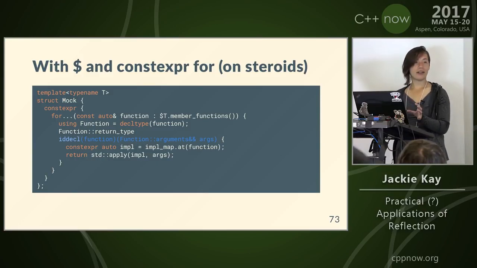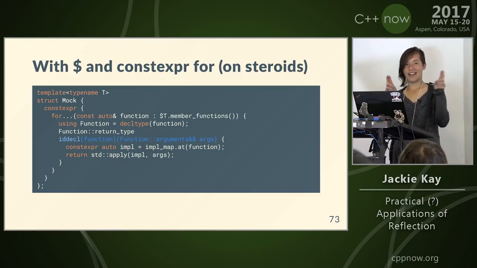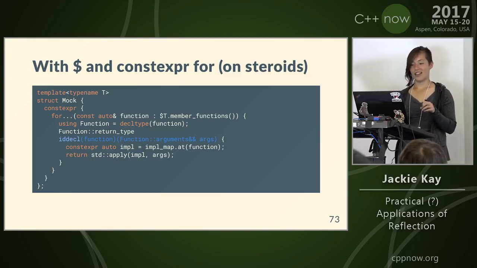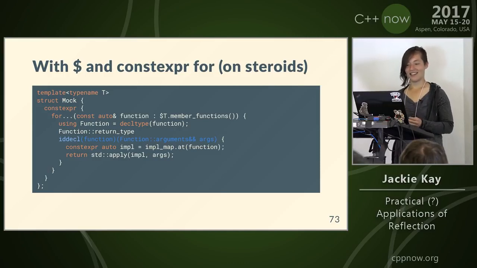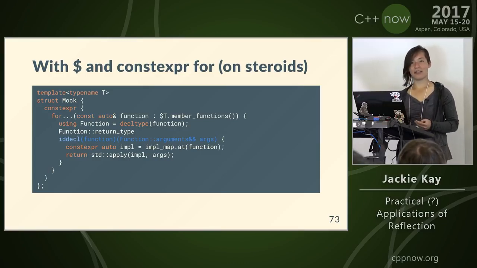Another weird part of what would be cool to see, though, is having this kind of function declaration using the result of fictional ID decal. A compiler writer would probably look at the number of new constructs on the slide and be like, we have a lot of work to do until this is possible.